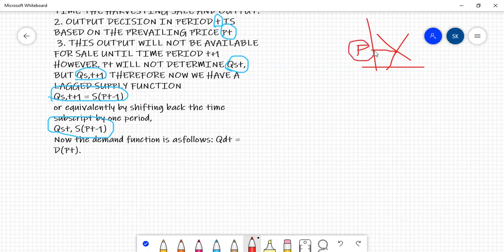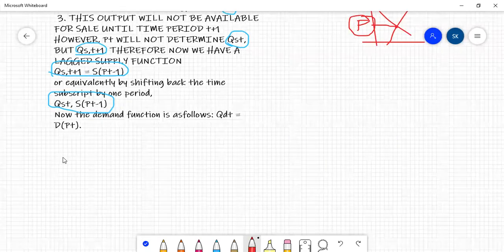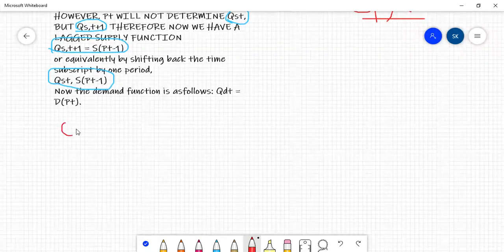We will not be able to find out what output is to be sold in the market so that it is completely consumed by the consumers. So this is an important assumption: at each time period, the market price is always such that it clears the market. Therefore, from our simple market demand and supply functions, Qdt is equal to Qst.